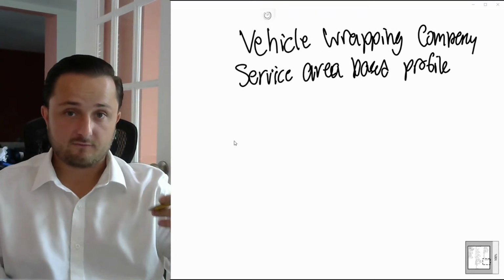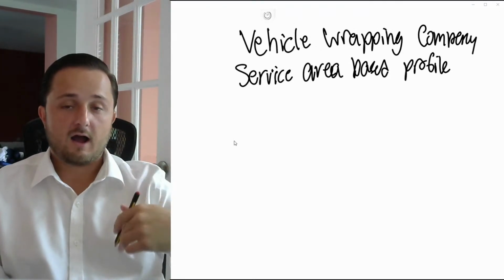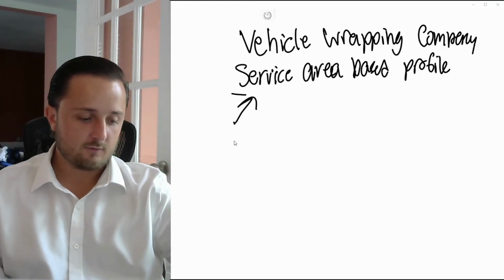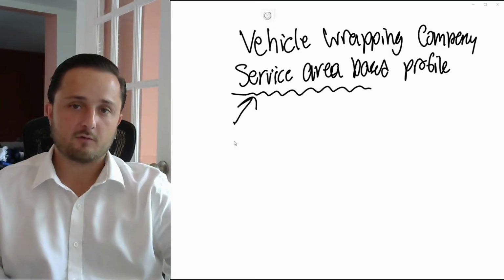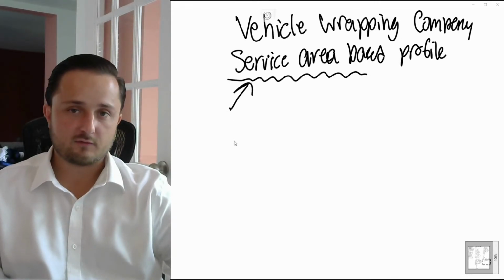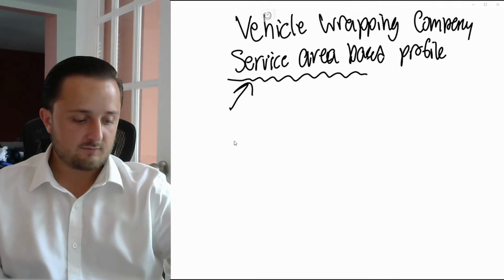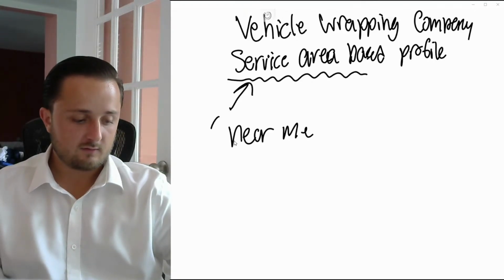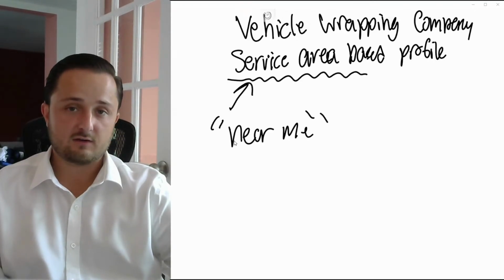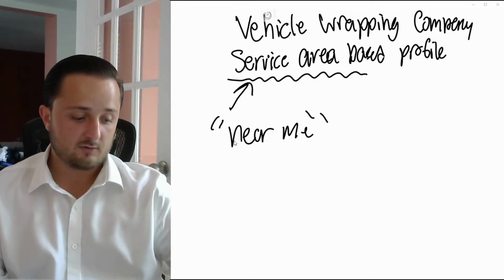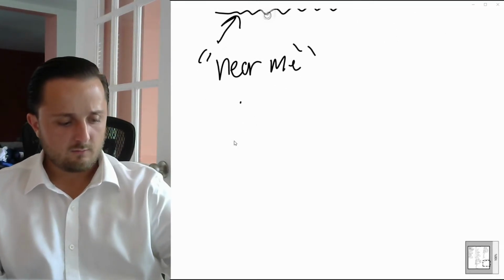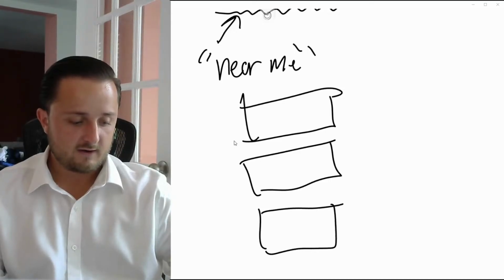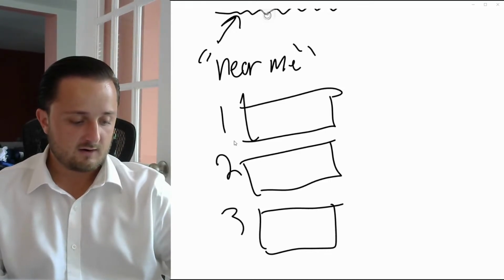So now, as a vehicle wrapping company, I want to be a verified address. I never ever want to be a service area based profile. What happens with a service area based profile is, if anyone searches for keywords about your business and puts near me at the end of that search term, the results with a verified address are going to appear higher.